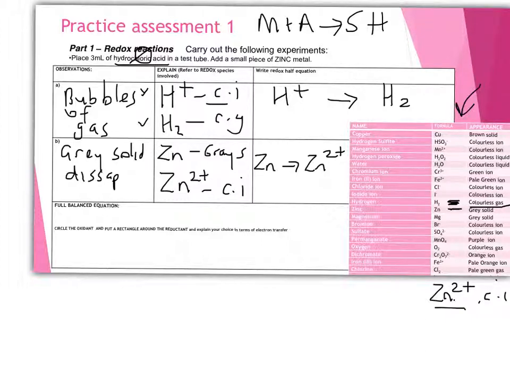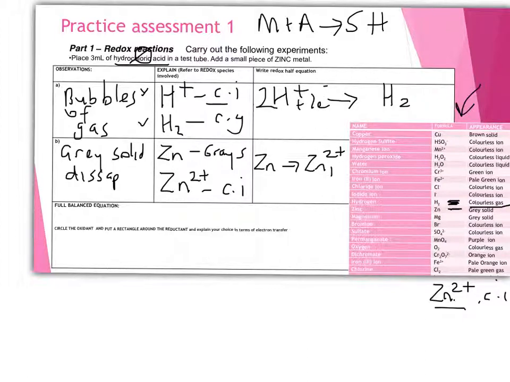Okay, now I'm not going to go into it now because it was in the previous lesson, but you're going to be expected to now do your half equations where you balance everything and add electrons to the appropriate side.